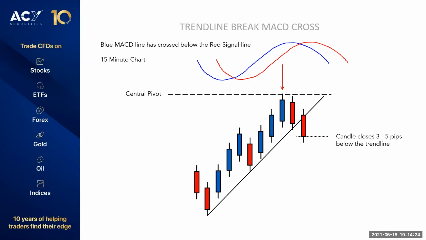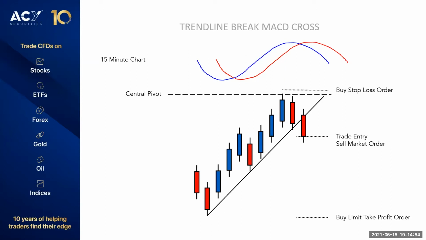The candle closes 3 to 5 pips below, and we've got a MACD cross at the top there. Blue line crosses below the red line. Now on the chart, the MACD is actually at the bottom of the chart, but it's just up there to help with the following slides.